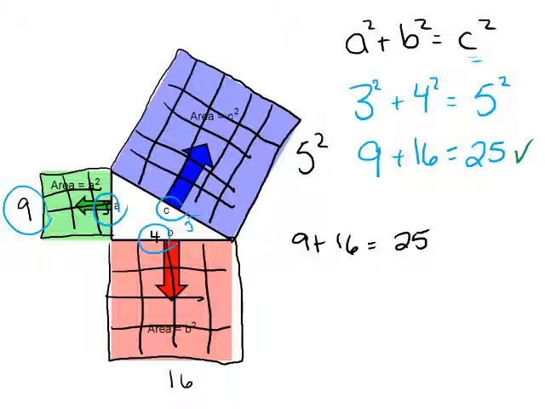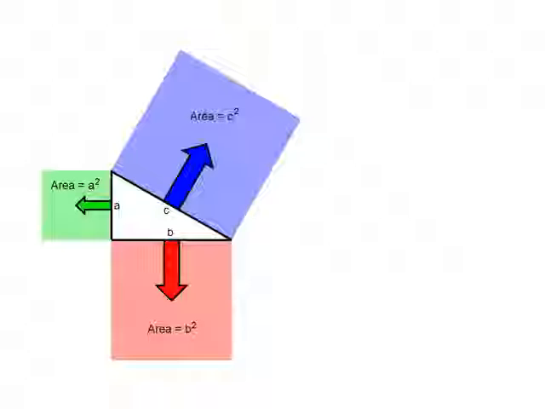So the common misconceptions on Pythagorean theorem are that we forget the squared. A squared plus B squared equals C squared.